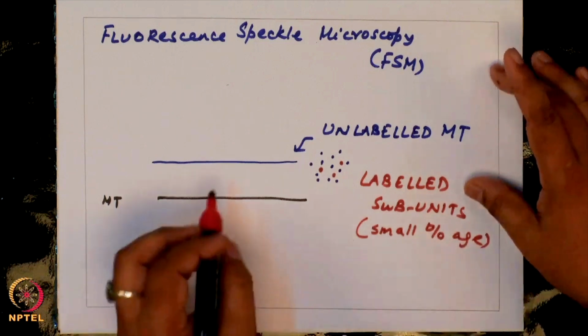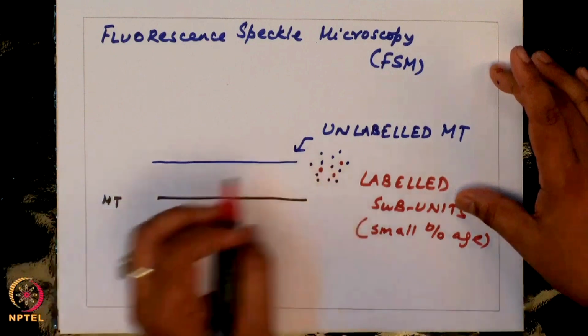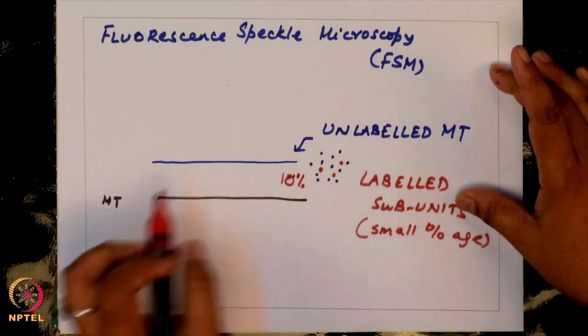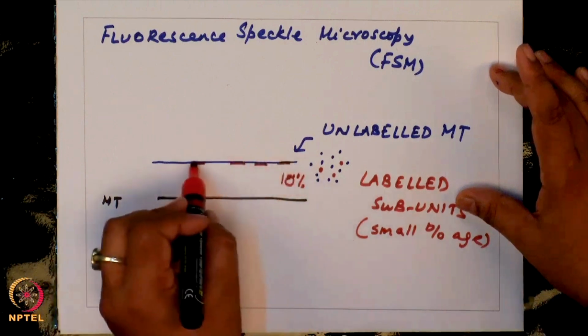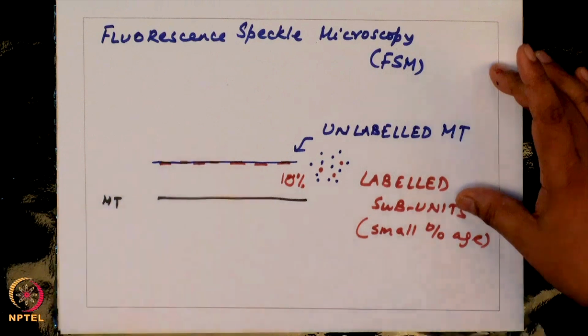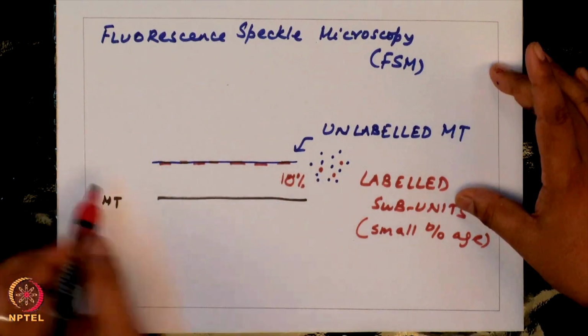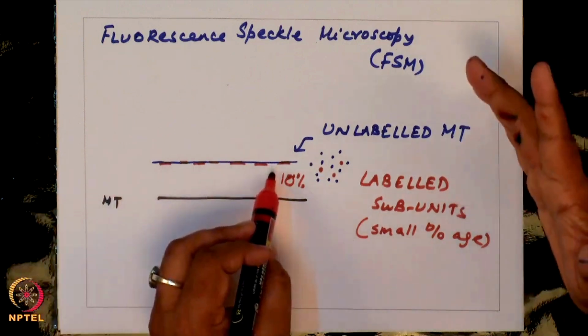Let us say in this case the percentage of labeling was 10%. What you will see is roughly the labeled zones interspaced with black zones which are not visualized.